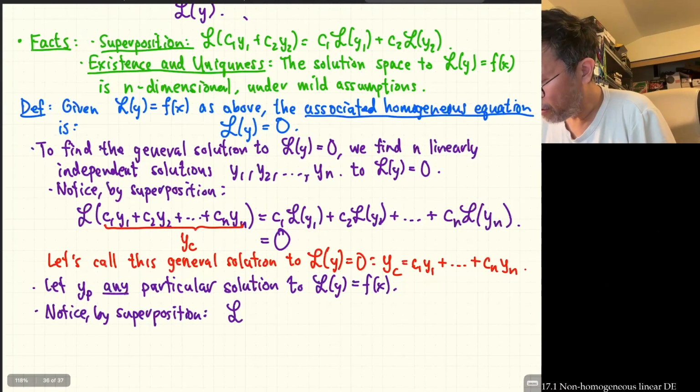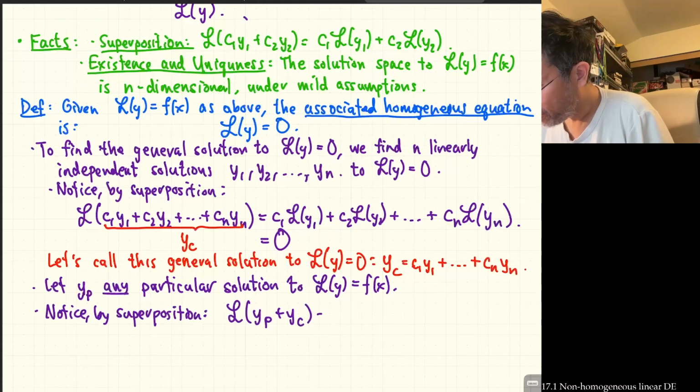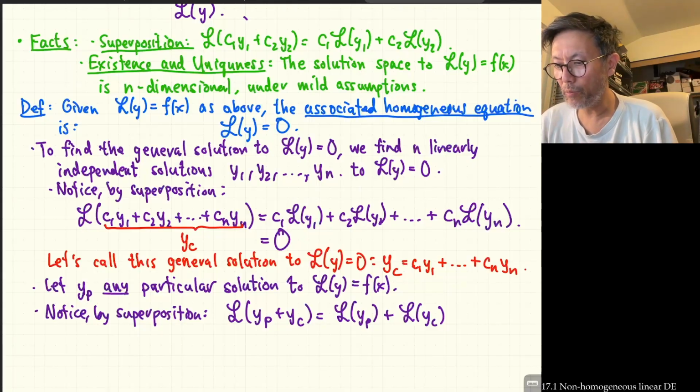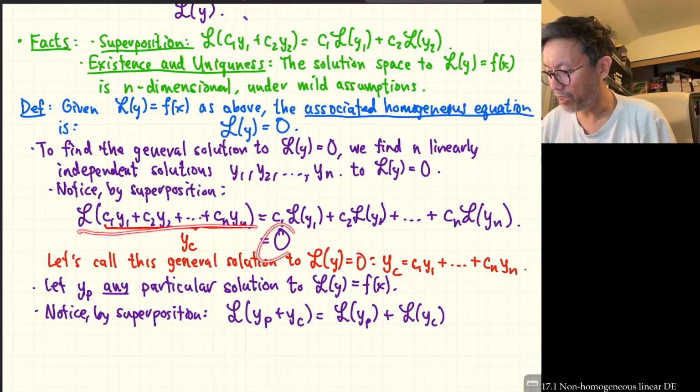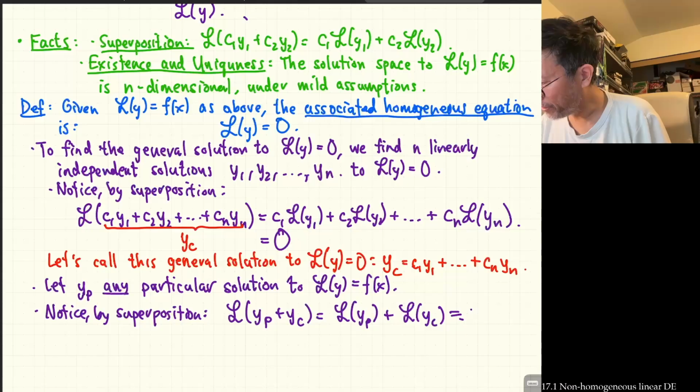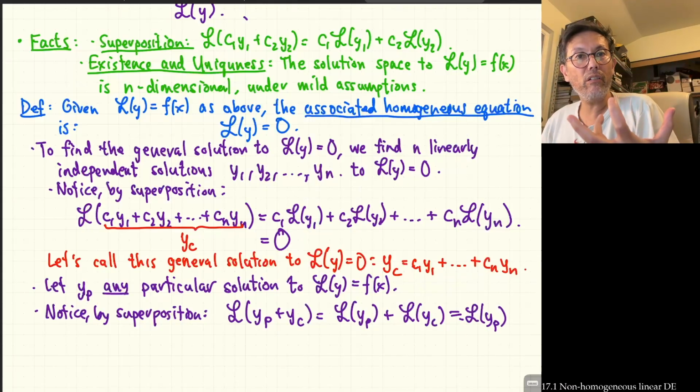If we take L of y sub p plus y sub c, by superposition this is equal to L of y sub p plus L of y sub c. But what do we know about L of y sub c? It's 0. You see that, right? L of y sub c is equal to 0. So this is equal to simply L of y sub p. And what is y sub p by definition?